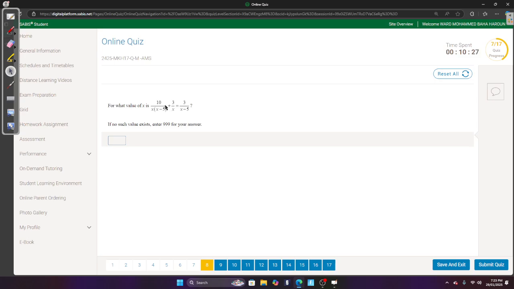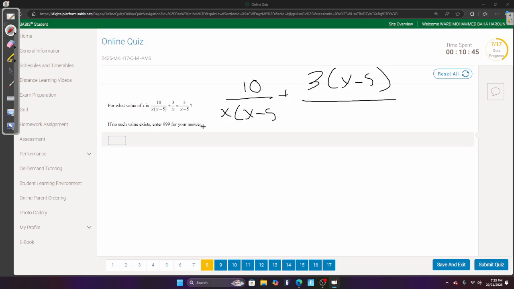I've never seen a question where the answer is actually 999, but in this case it is, because if you want to have the least common denominator, you have to multiply this fraction by x minus 5, right? It's going to be 10 times x minus 5 plus 3 times x minus 5, because you multiplied the denominator as well, x minus 5.